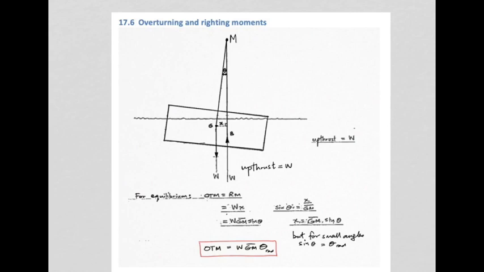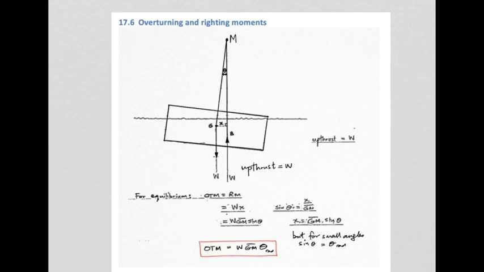But now if this angle is small, which hopefully it would be for a large vessel, let's assume it's a small angle, maybe 2 or 3 degrees, something like that, you will find that sine of a small number like 2 or 3 or 4 degrees is very, very close to that number in radians. So we can simplify the formula further. For small angles, we can say overturning moment is equal to weight of vessel times distance GM times theta, but measured in radians.